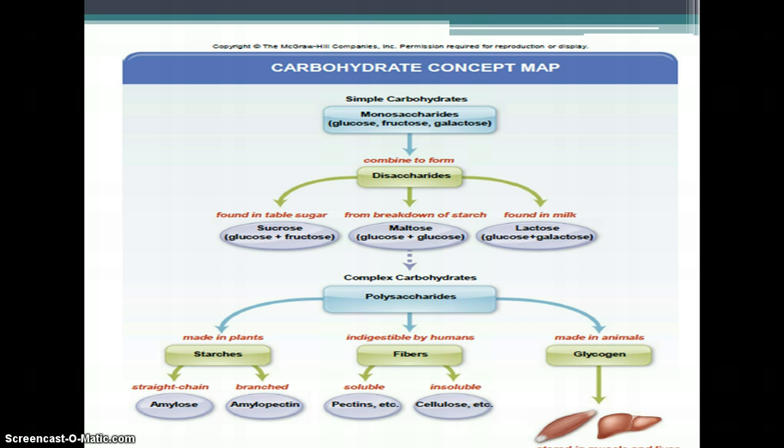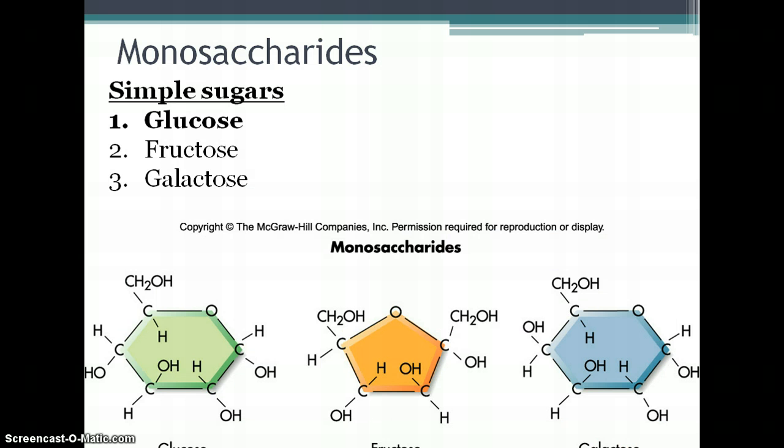So we're going to spend our time talking about monosaccharides, disaccharides, and polysaccharides. Beginning with the monosaccharides, we have the predominant carbohydrate in the body, which is known as glucose, fructose, and galactose. Now, it's not important that you know these structures for our class. You may be asked to know them for other classes, but it's really outside of the scope of what we're trying to accomplish here in HWE 100.